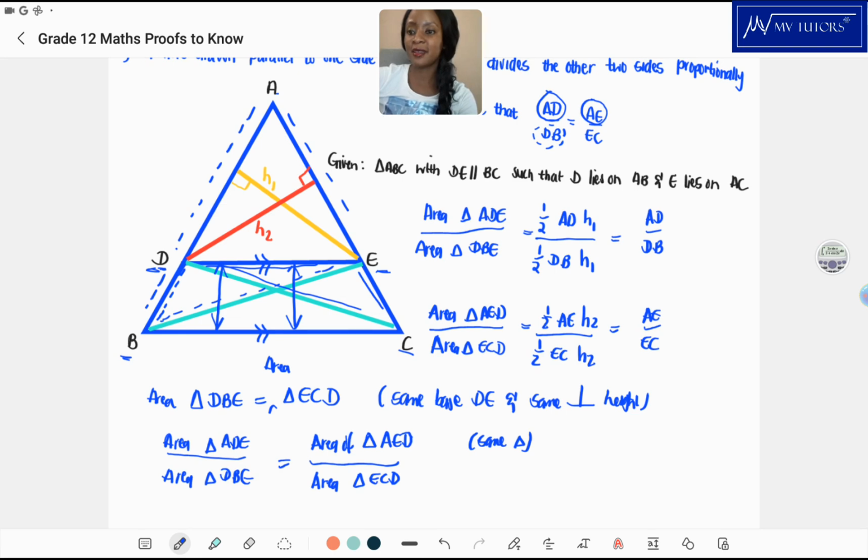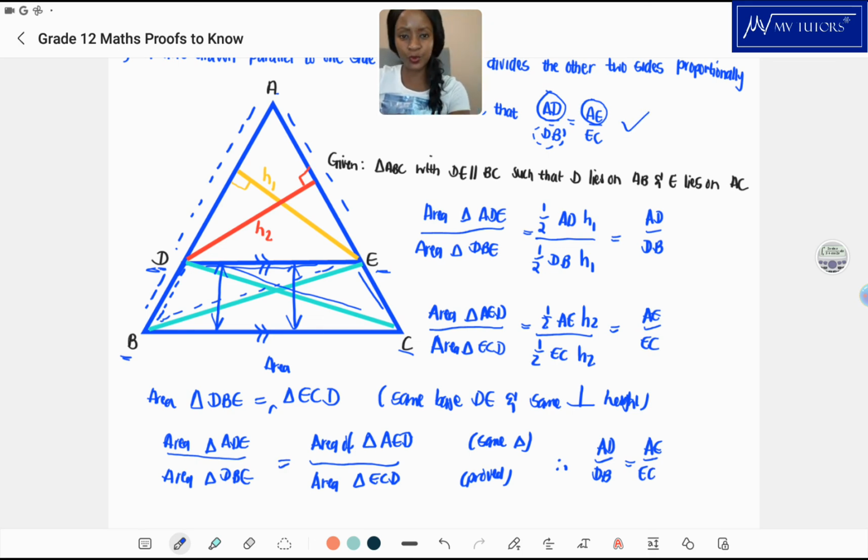Okay, yes, that has already been proved. So therefore, guys, I can say that area of triangle ADE, that's AD over DB, that would be equal to AE over EC. Okay, and that is what we have done here.